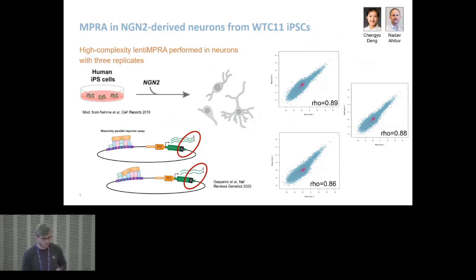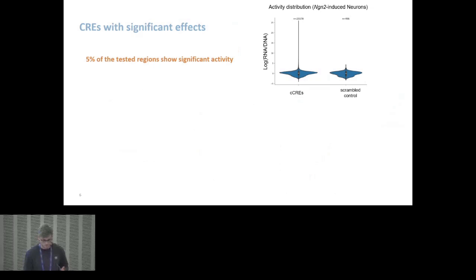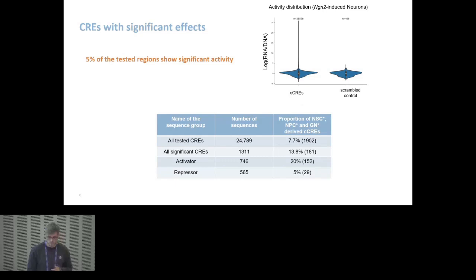So now we ask the question, how many of our reference sequences are actually significant? And you can see here on the top right the activity distribution from our tested CREs versus the scramble control. And in the table below, you see all the tested CREs, and around 5% were showing significant activity compared to the scrambles.